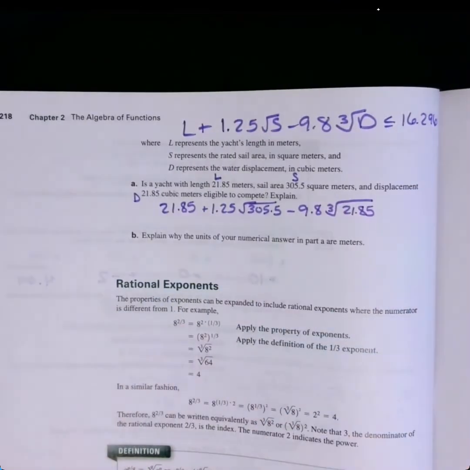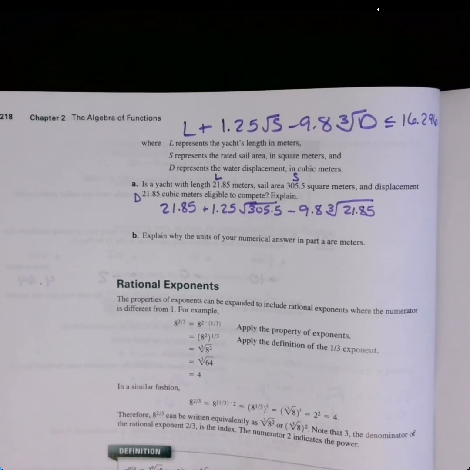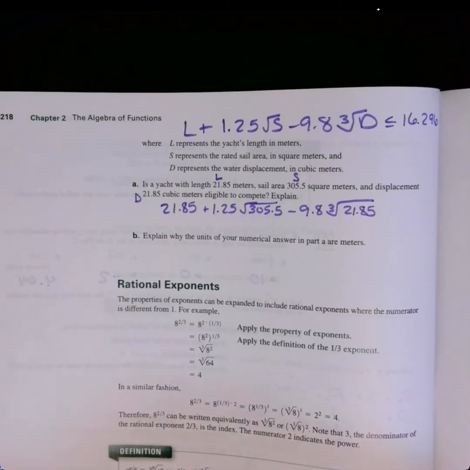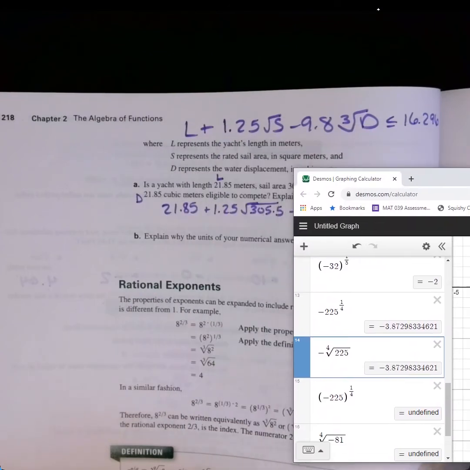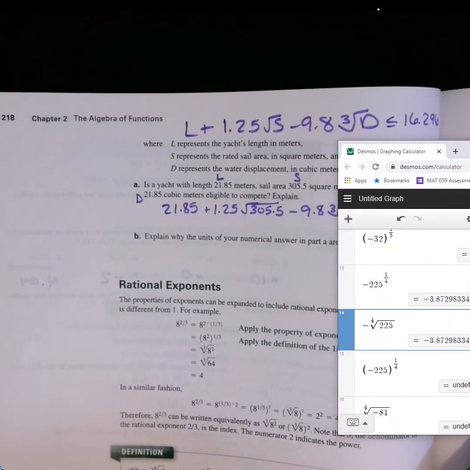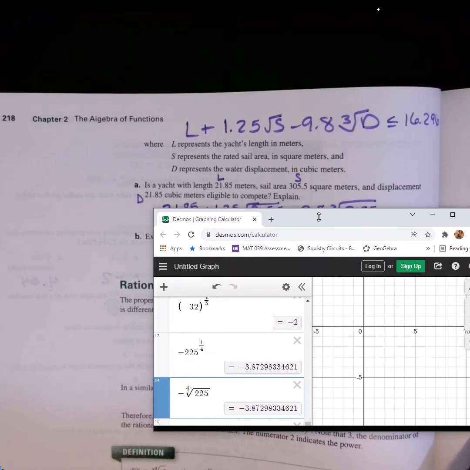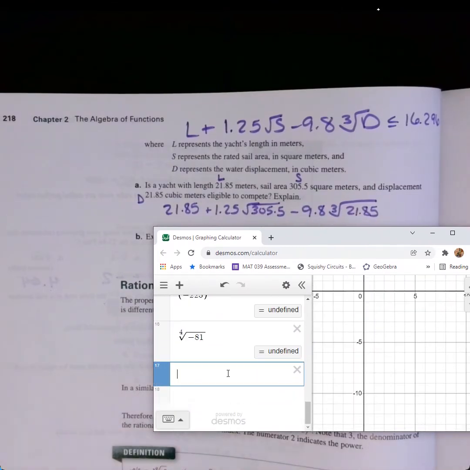And then we'll figure out if that's less than or equal to our 16 value there or not. Okay. I'll have to move this around. Let me shrink my window just a teeny bit. There we go. So I should be able to see those numbers.